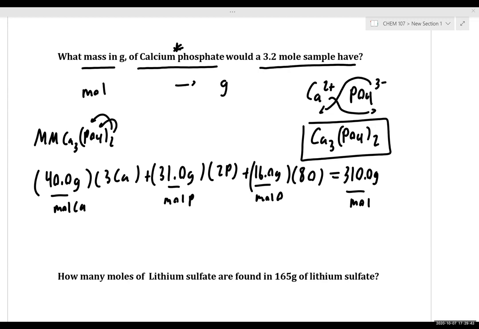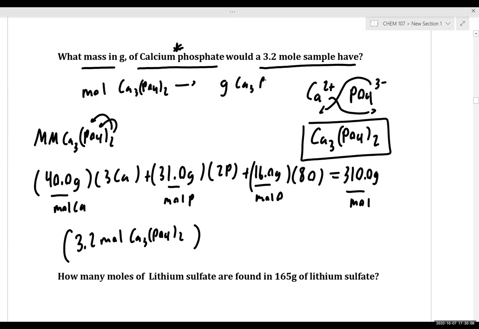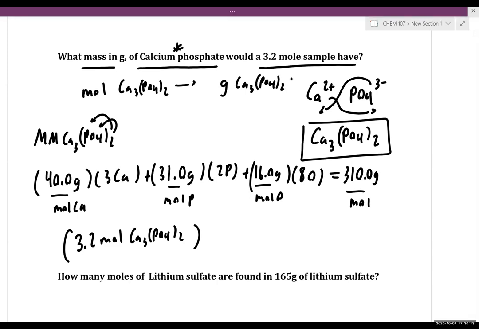So now that we have our molar mass, to go from moles to grams: if we have 3.2 moles of calcium phosphate, to go from moles of calcium phosphate to grams of calcium phosphate, we're going to use our molar mass.